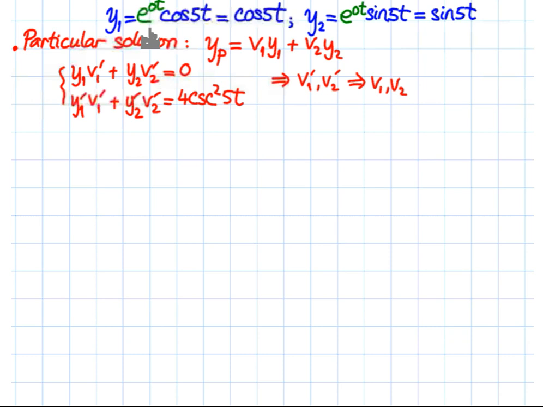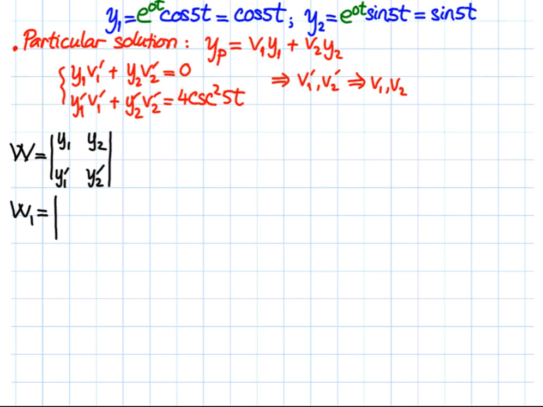For Cramer's rule, we will write the determinants. W will be y1, y2, y1 prime, y2 prime.